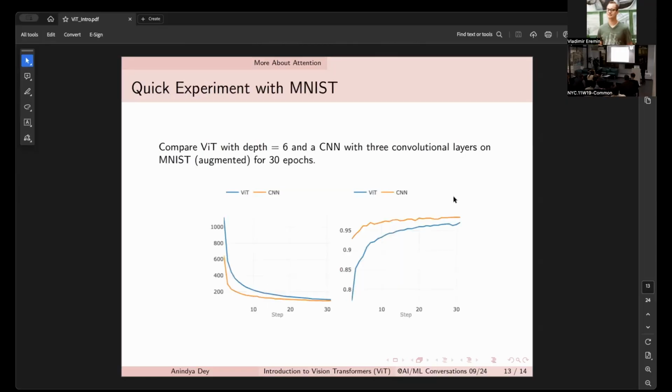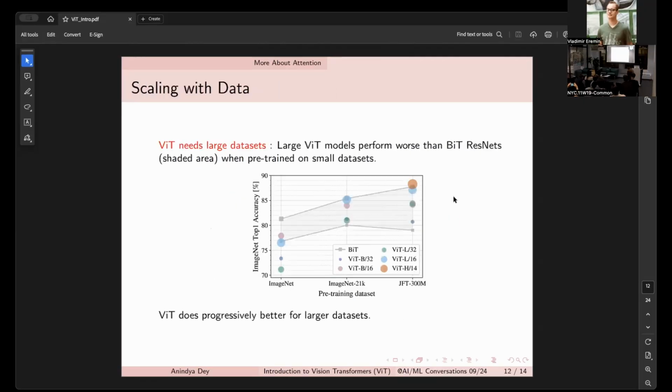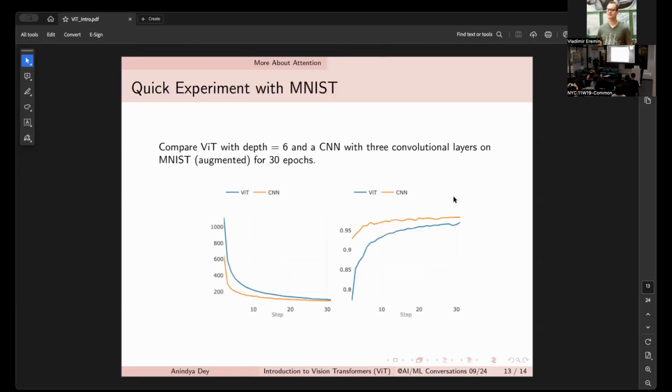So just to orient ourselves, this is a little experiment that you can do very easily to buttress this point that ViTs do need a large amount of data, and they don't perform very well when the amount of data is small to medium. Just take MNIST augmented with some standard augmentations. I take a ViT with depth 6, which is much smaller than the ViTs that they are using.